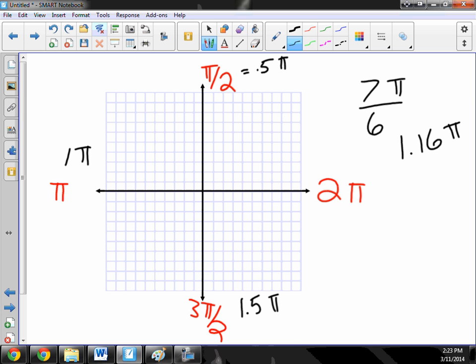In third quadrant. So that's half a pi, a full pi, and an extra sixth. Right? So if that is 7 pi over 6, how much do I need to backtrack to get to 1? 1/6. Because really 1 is just 6 over 6. So we're trying to find the difference between 7 over 6 and 6 over 6, which is just 1 over 6.